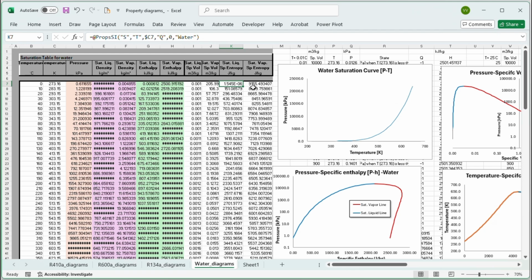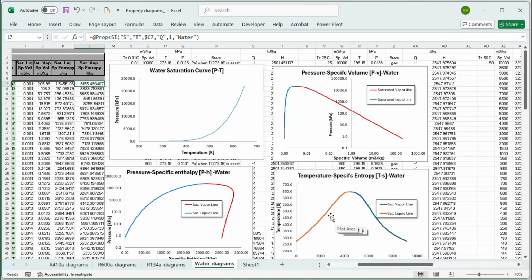So for the specific entropy for liquid, the output formula is S, and it's again between temperature and quality of 0 for liquid properties, temperature and quality of 1 for water vapor properties.